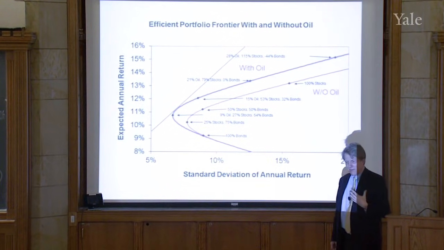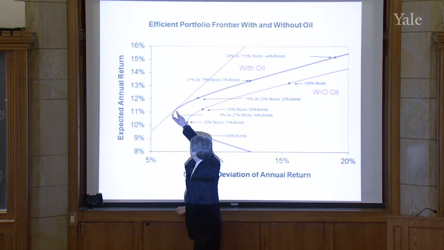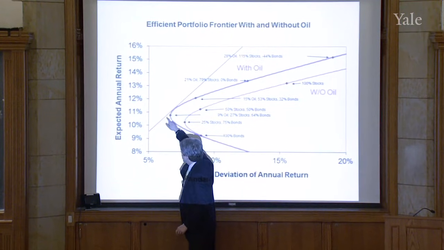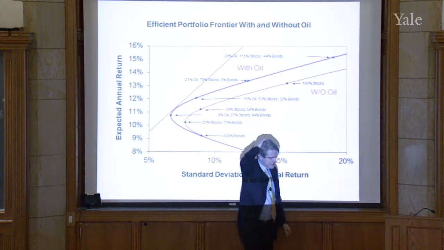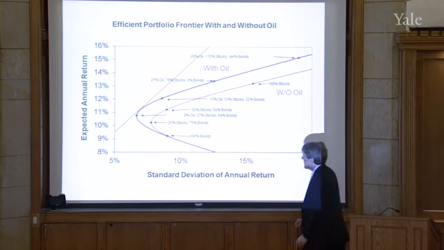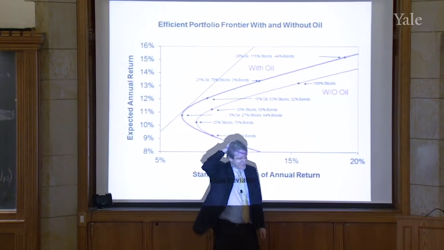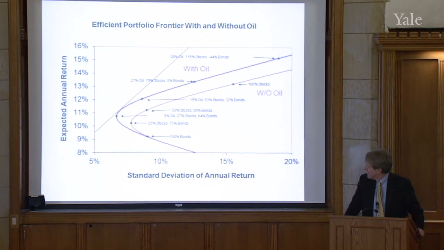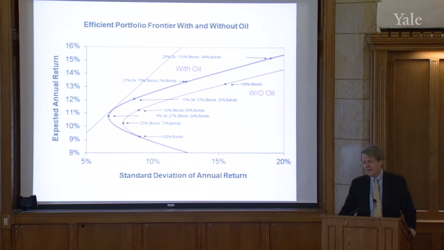It's the tangency portfolio, because everyone wants to invest on this line, and any point on this line is a mixture of the riskless asset and the tangency portfolio. And so everyone wants to invest in the same portfolio. So there is an optimal portfolio in a sense, in that everybody wants to do the same risky investments.